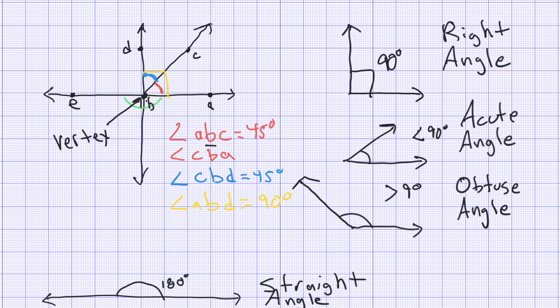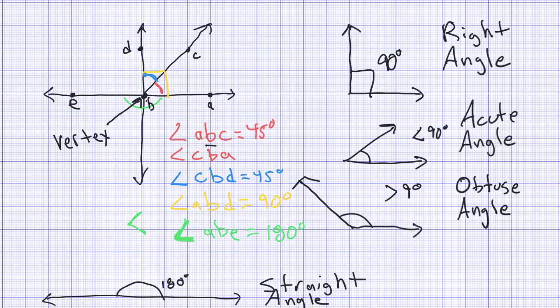So let me draw angle, and we always draw our angles like this. It's close to the greater than or equal sign. The angle, the bottom's always straight. So angle A, B, E is equal to 180 degrees.